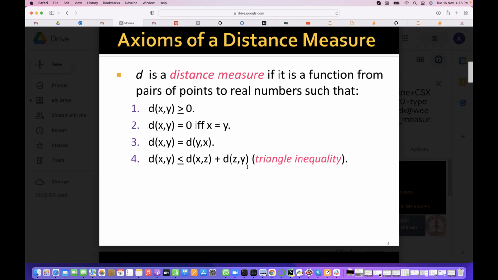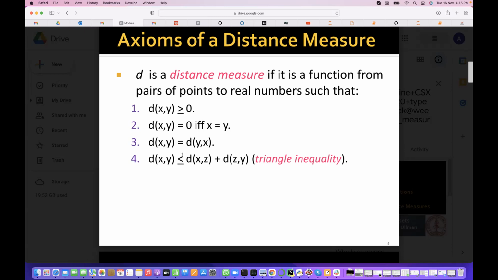And this is called the triangle inequality: d(x,y) is less than or equal to d(x,z) plus d(z,y). If you take any other element, the distance from x to that element and from that element to y, when you add up, is always more than d(x,y). It means the direct distance is always smaller than the distance via another point. Z is the via point, right?